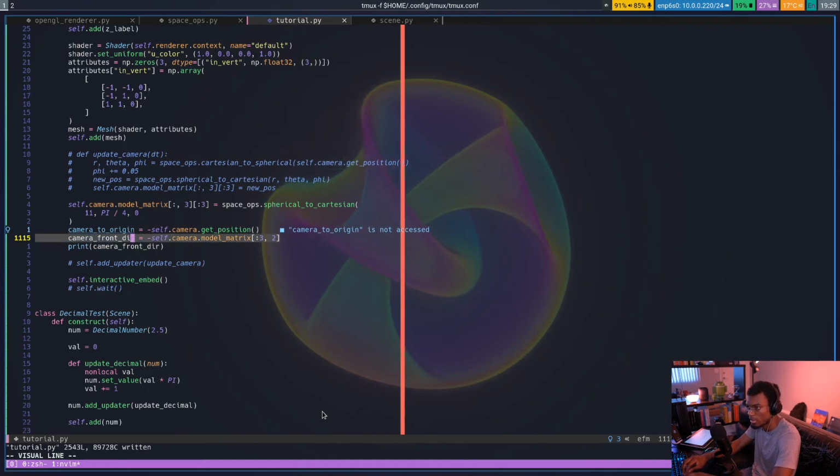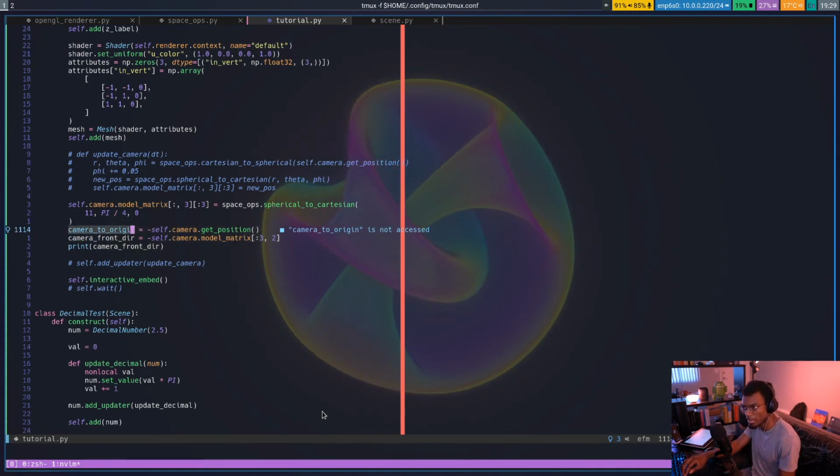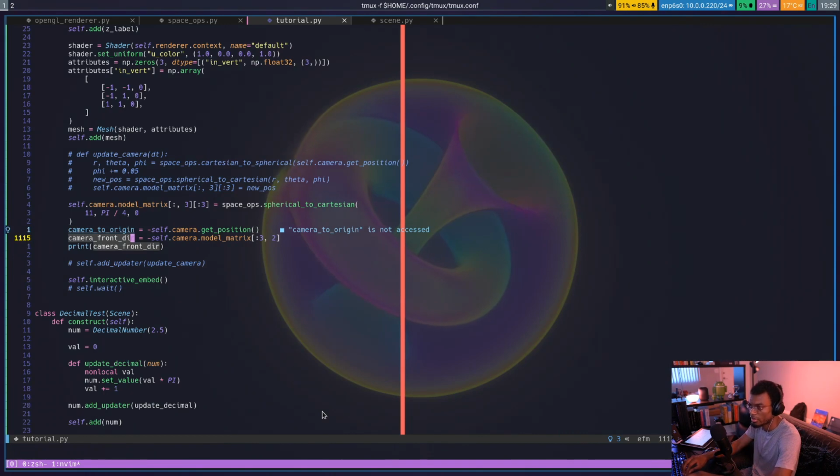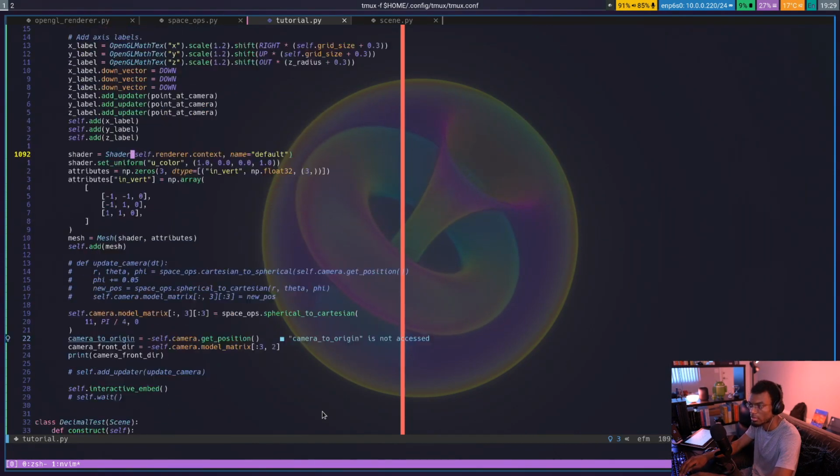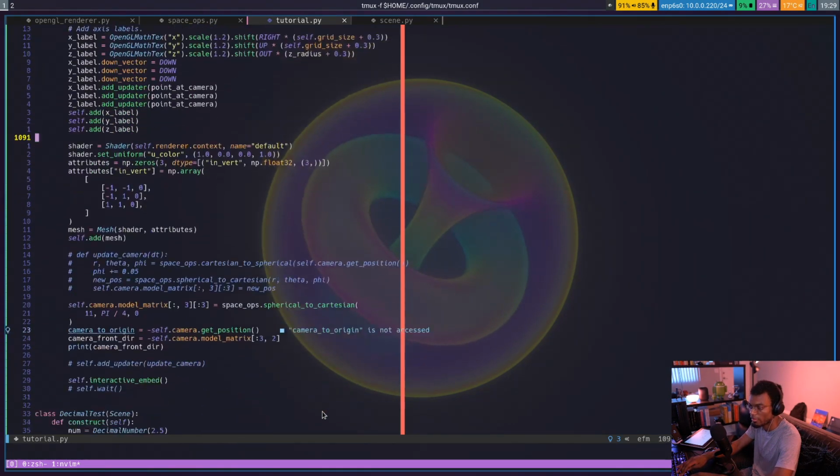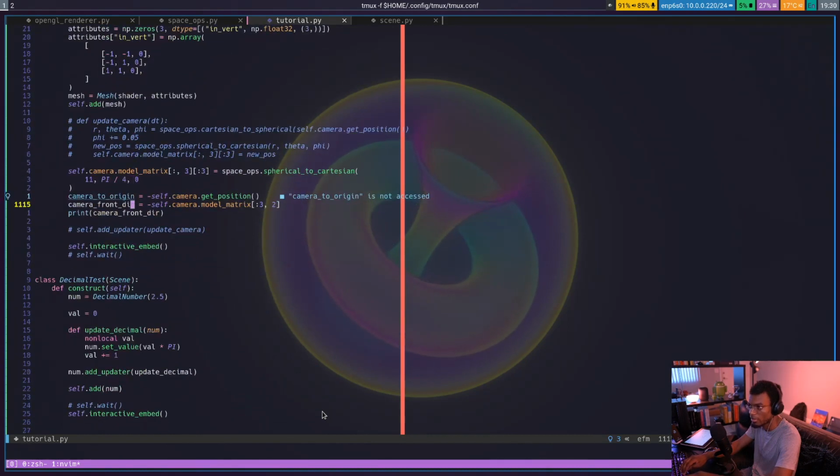And I'm going to want to rotate this so that it points at this. And I do this a lot, actually. There are a lot of times where I'm rotating a vector to look at another vector. I should probably factor that into something at some point.